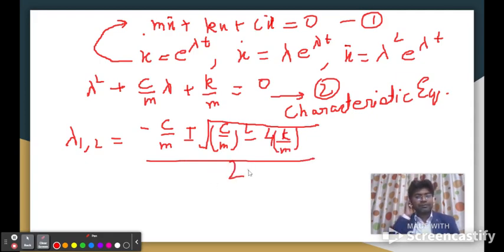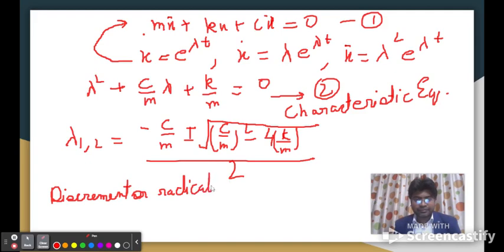The radical term here is called the discriminant term.